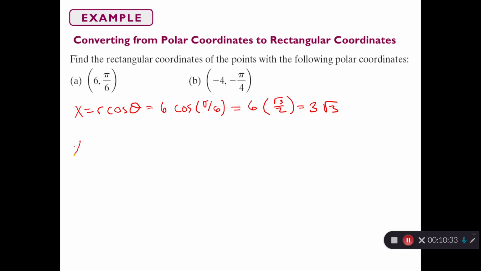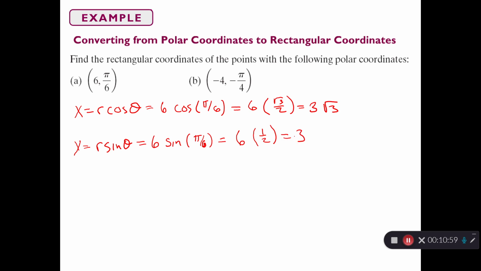For y, it equals r sine theta, which equals 6 times sine of pi over 6. So again, you need to know your unit circle. I have 6, and the sine of pi over 6 is positive 1/2, which equals 3.